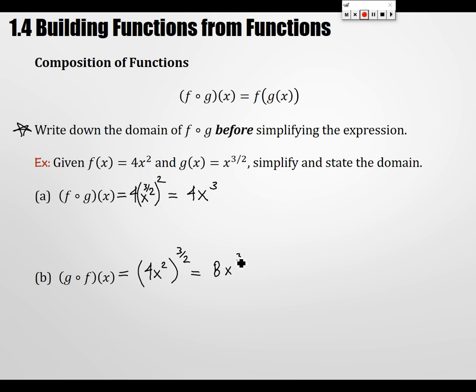Now comes the tricky conversation. It's still a bit of a stretch to remember our rational exponents from algebra 2. But let's also now say what the domain is. Volunteer to step out and take on A. What do you think? I would say all real numbers. Okay, well, that does seem to be the domain of 4x cubed.